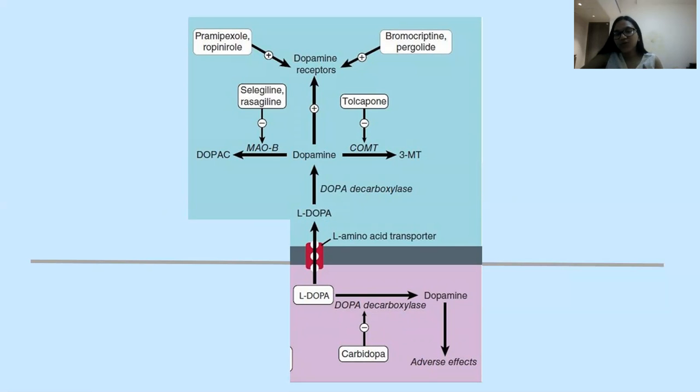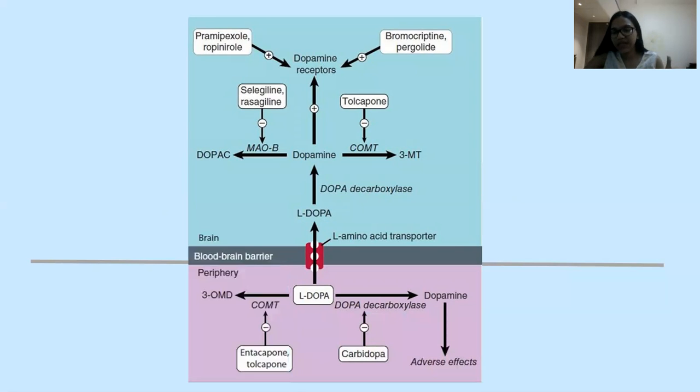And to increase the availability of levodopa in the brain, we try to inhibit the metabolism of levodopa peripherally by giving COMT inhibitors again, like entacapone and tolcapone. So this is a very brief summary or synopsis of the dopaminergic drugs.